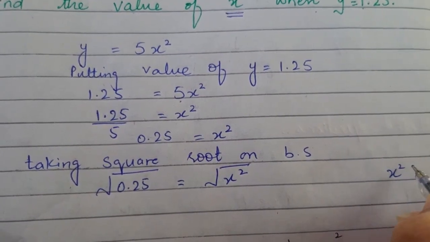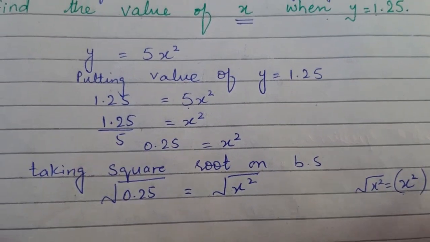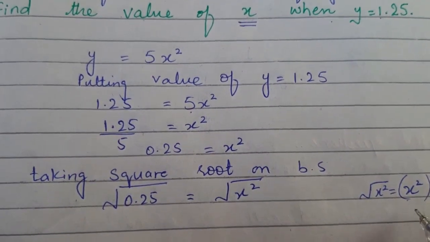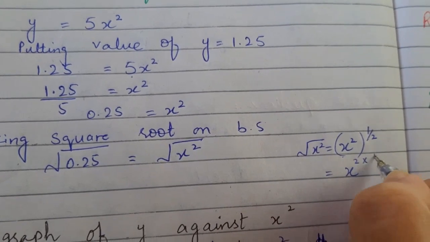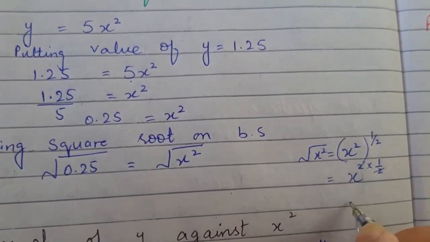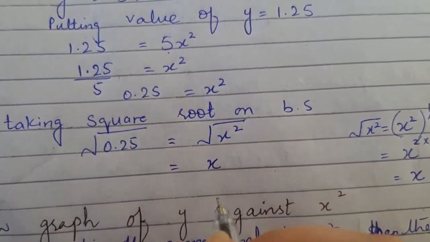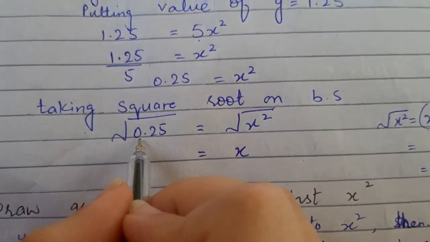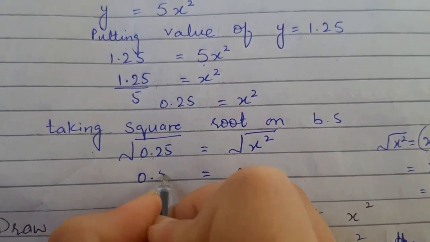Under root x square means x square to the power of 1 by 2. You can write it as x to the power 2 multiplied by 1 by 2, the 2s cancel. So what answer comes? x. So you will get x. Now you have to find the square root of 0.25. You will get 0.5.